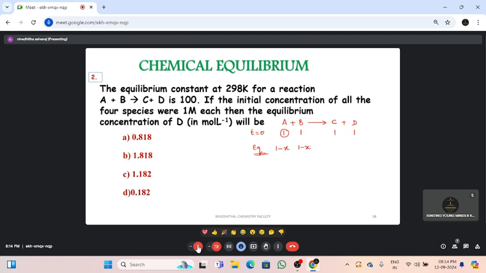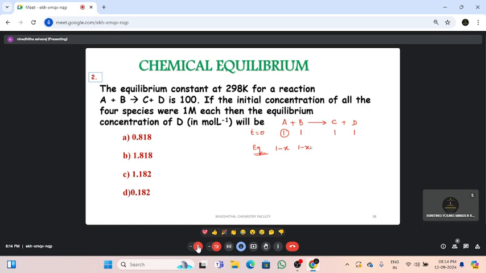How about C and D? What will be the concentration of C and D? Initially, we have started with a particular concentration of C and D, which is 1 molar, right? Whenever chemical reaction is happening, the concentration of reactant will get decreased and concentration of product will get, yes, Ritesh? 1 plus X. Very good.